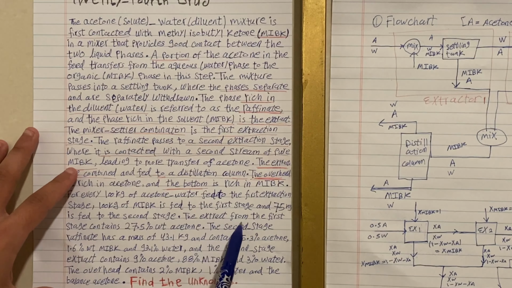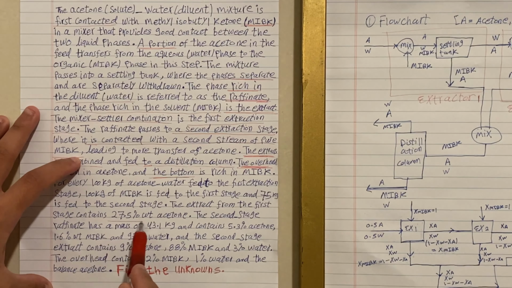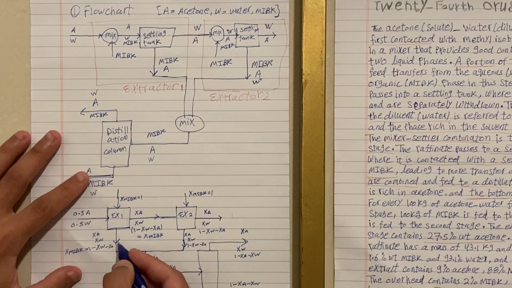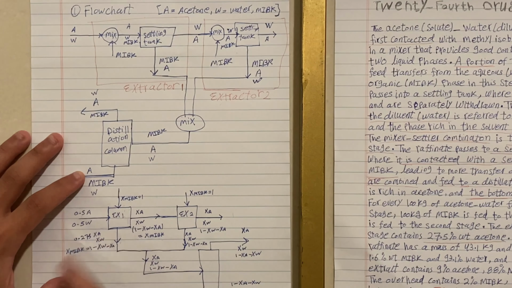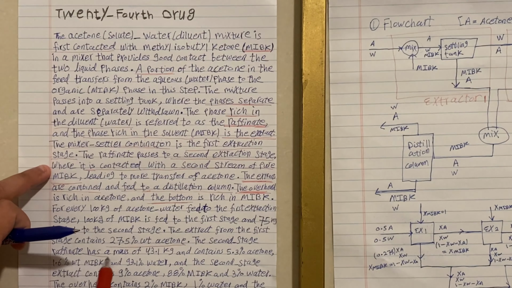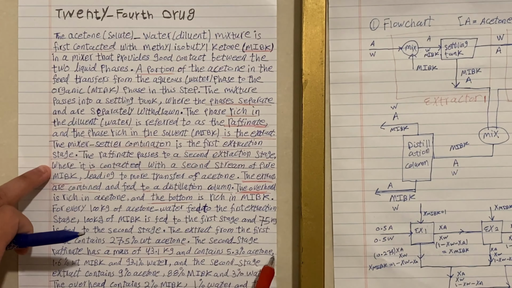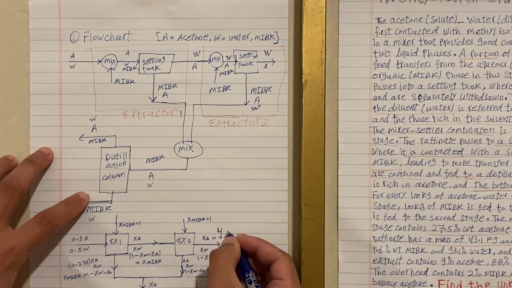The extract from the first stage contains 27.5% weight acetone. This is the extract from the first stage, 0.275 of XA. The second stage raffinate has a mass of 43.1 kilogram and contains 5.3% acetone, 0.053 acetone, 43.1 kilogram.